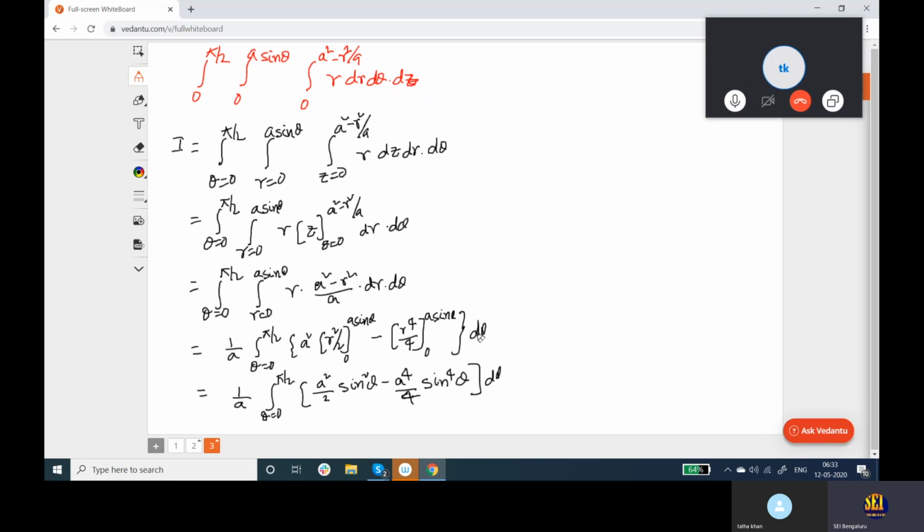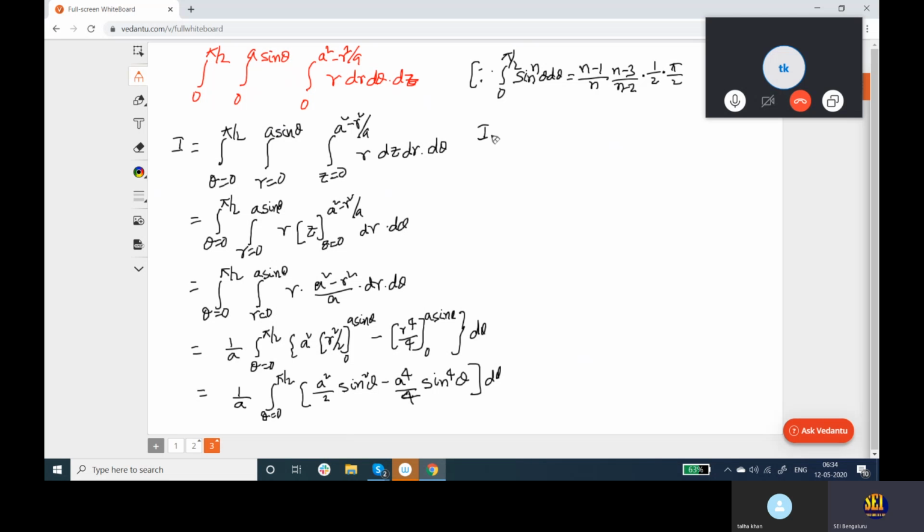Now, as you know that integral 0 to pi by 2 sin power n theta d theta is n minus 1 by n into n minus 3 by n minus 2 into 1 by 2 into pi by 2.